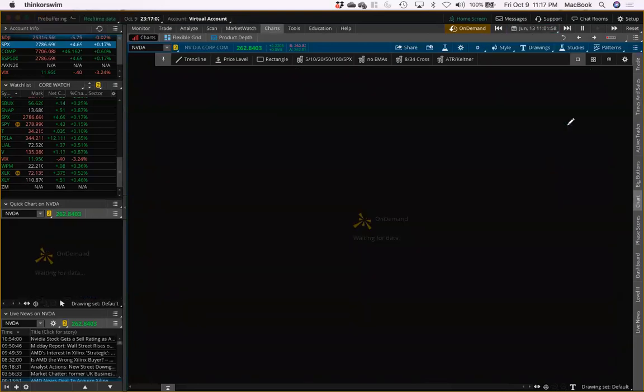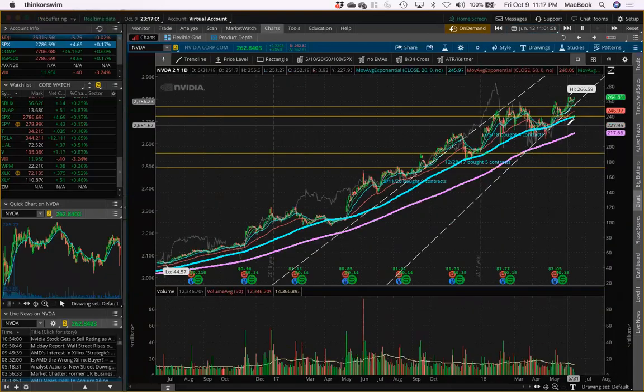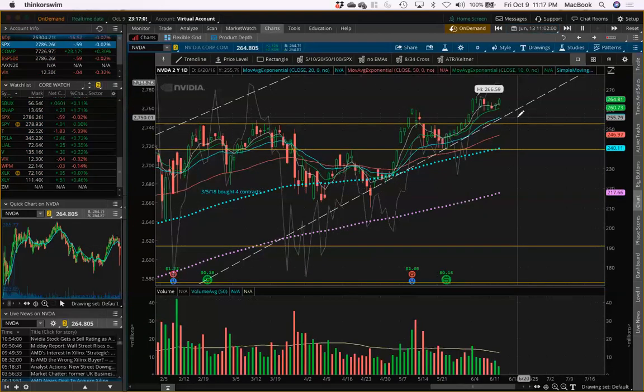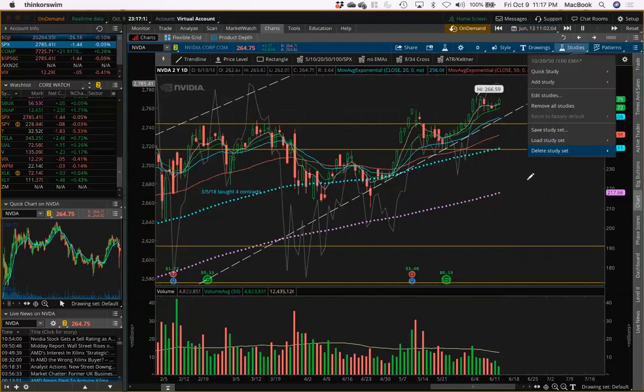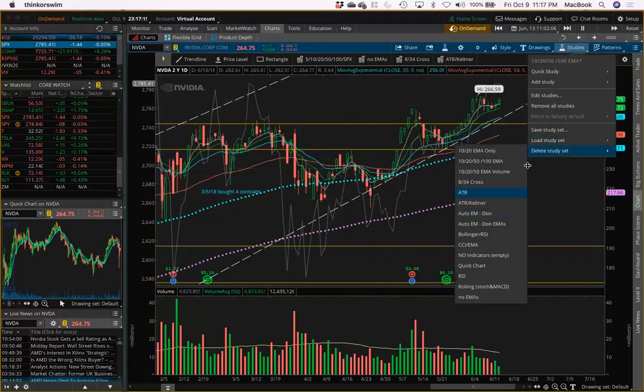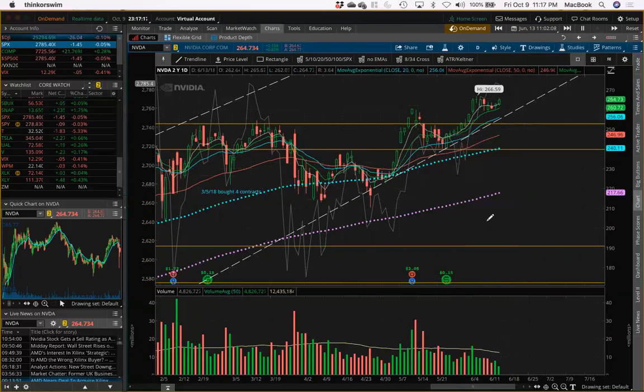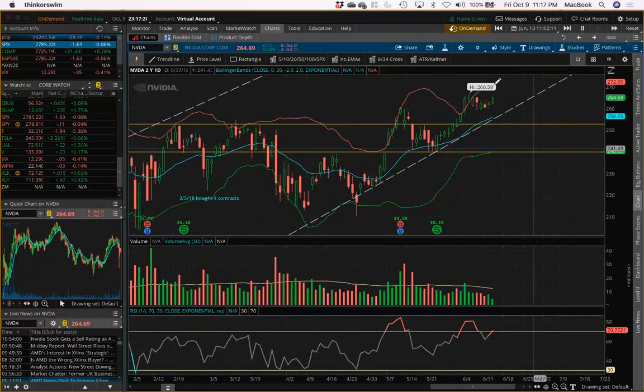Or you're looking for it to come down to the 20, or you're looking for the 20 to come up, right? Or again, let's throw the bands on there. And it's inside of the bands, but it has really pulled back. It's like flat basing right now.